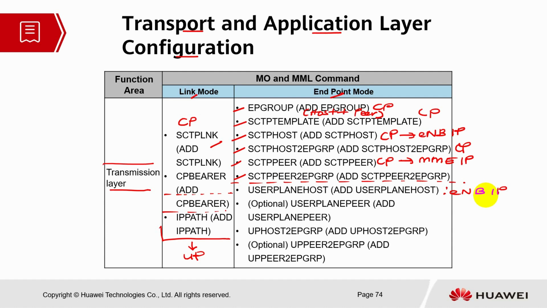It's easier to monitor and easier to maintain them. User plane host belongs to eNodeB IP, the logical IP. User plane peer belongs to S-gateway IP. In this case, they have to do the binding also for the endpoint group. So these are the commands and differences between link mode and endpoint mode.